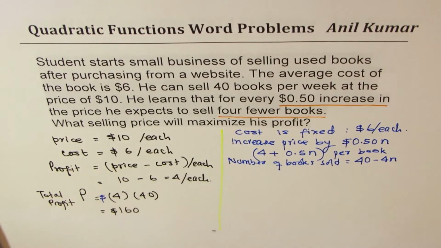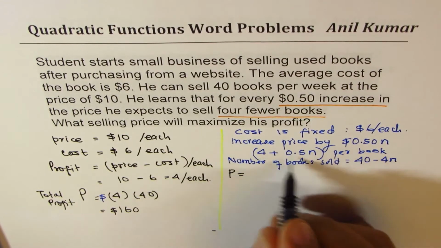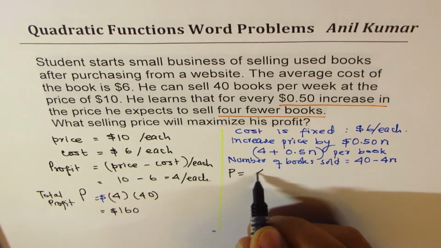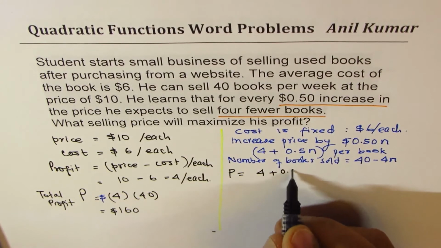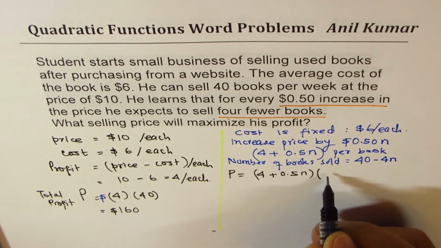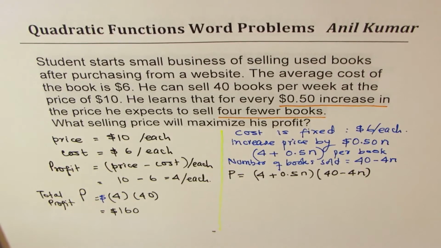And therefore now we can write down our profit. So our net profit, total profit will be the new price, which is 4 plus 0.5n, times the number of books sold, 40 minus 4n. Is that clear to you? Right?